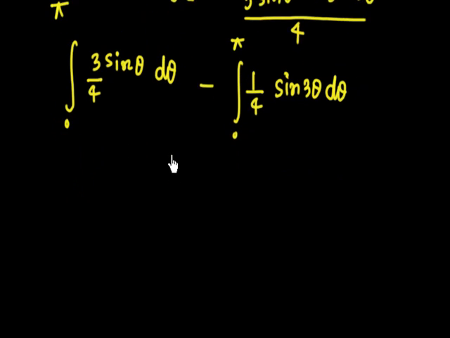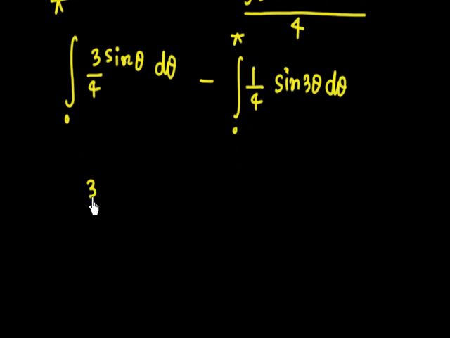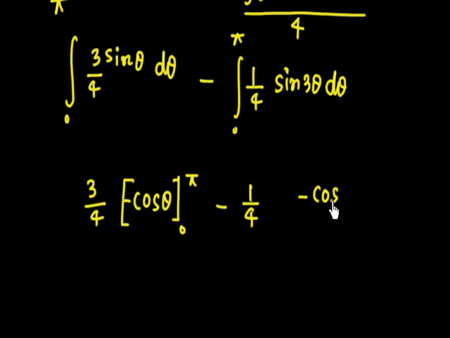So this is my integration. The integration of sine theta is minus cos theta, from 0 to pi, and for sine 3 theta it is minus cos 3 theta divided by 3, again from 0 to pi.